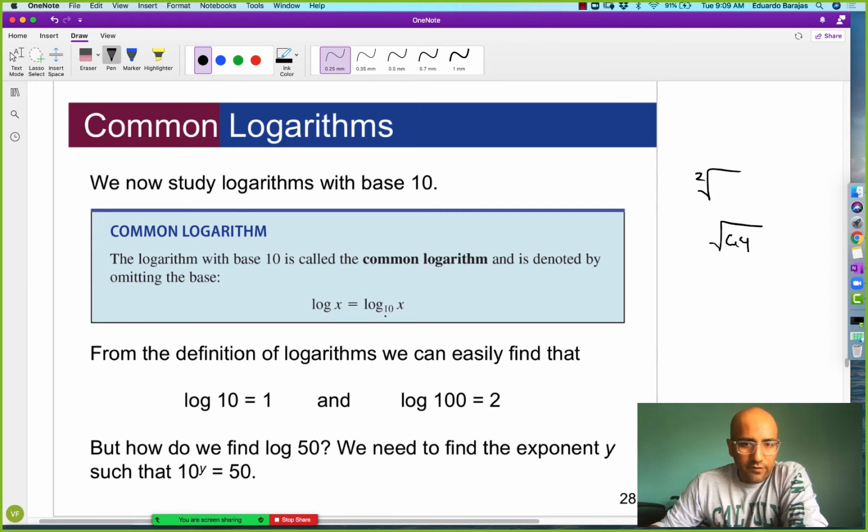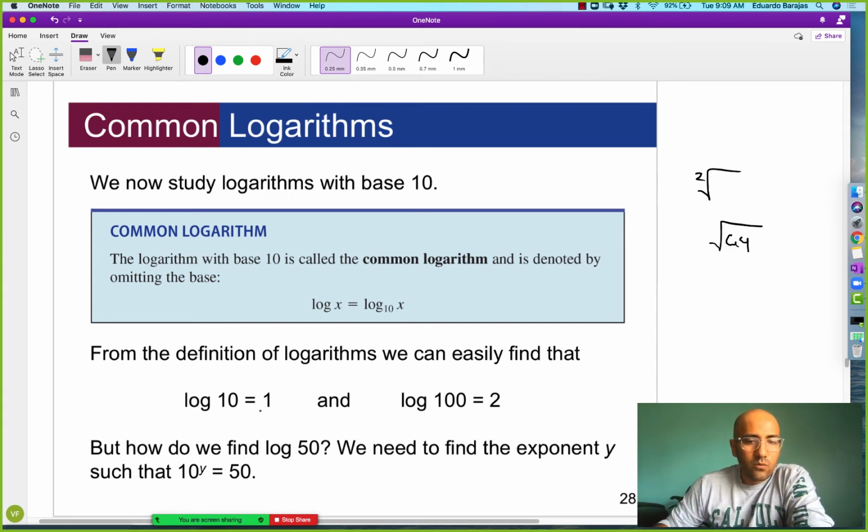Okay, well, same thing here. By default, if you don't see a little index on our log, it should be a 10, right? We have a base 10 number system. 10 has got a lot of nice properties to it. So by default, we like to work with 10 pretty often. So if you don't see a little index, it means base 10. And so log of 10 means that there's a little index here of 10, right?